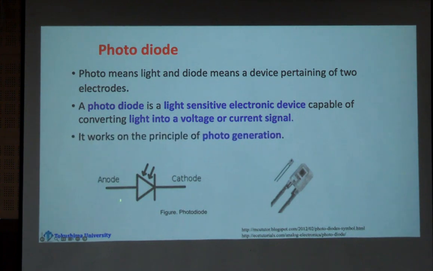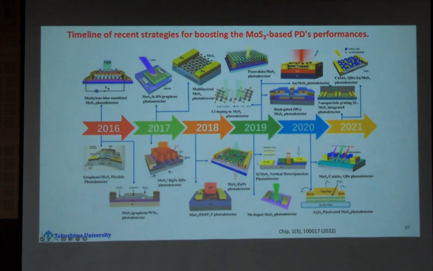In a normal diode you have an anode and cathode, but with light, it can sense and absorb this light, and this light signal is converted into voltage and current. There are various materials tested for this application from 2016 to 2021.